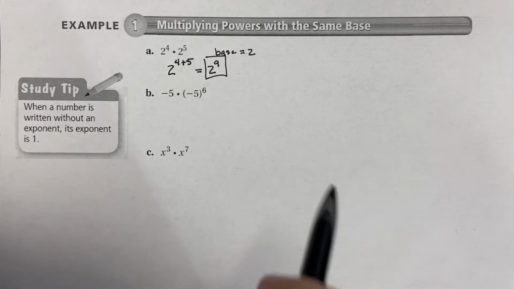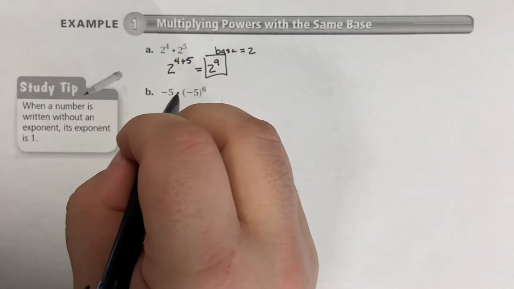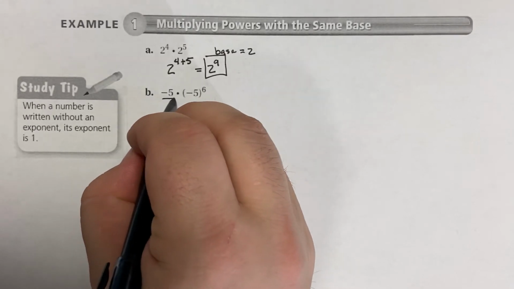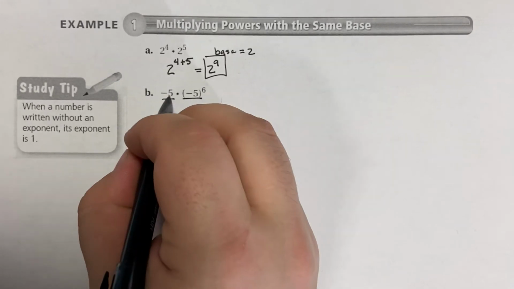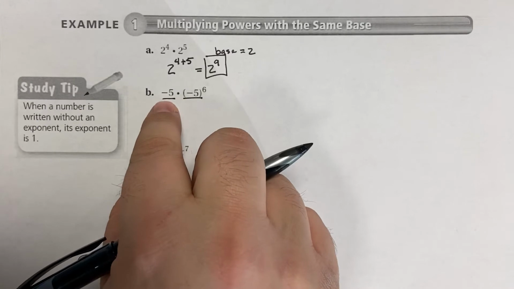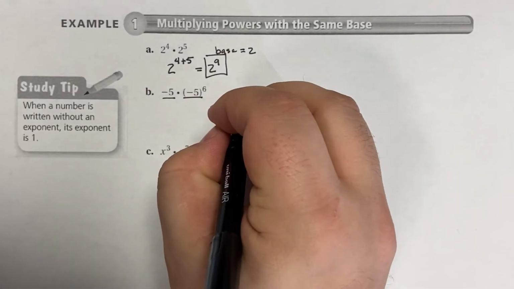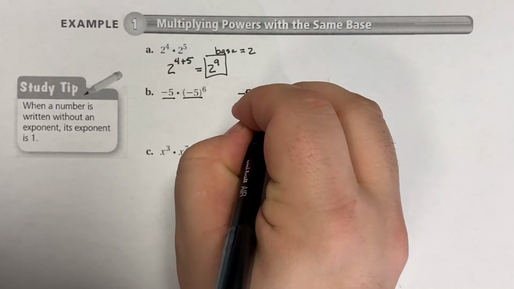All right, now that that's out of the way, what we need to look at here is an example where we have the same base, and the same base is -5. I know this is -5 because there's no exponent, so it is just -5. Here's -5 with an exponent of 6. By the way, this is not the same.